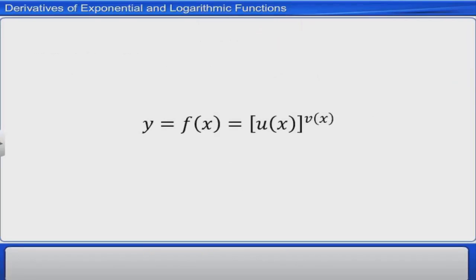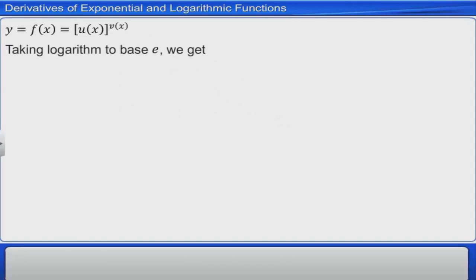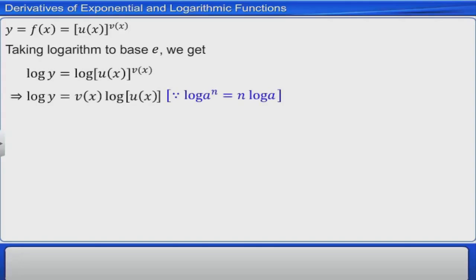Many a times, we have to find the derivative of a function that is the power of another function. Such functions can be differentiated easily by applying logarithms on both sides. Taking logarithm of the function, we get log y is equal to v of x into log u of x.